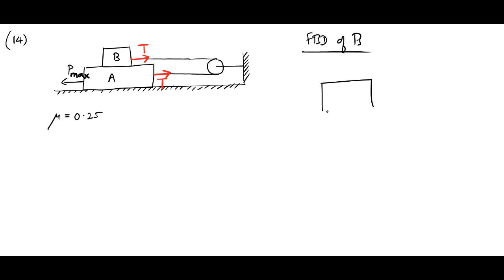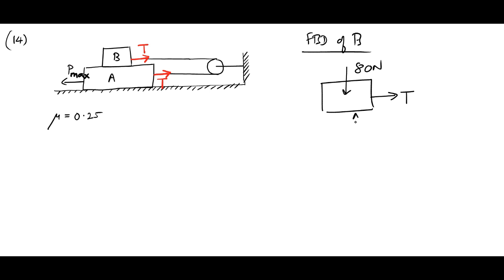Now the weight of block B has been given to be 80 newtons, and the other force acting on this block is the tension in the string, that's T in this direction. The normal reaction that is applied by A on B, that must definitely balance 80 newtons because this block B doesn't move up or down.